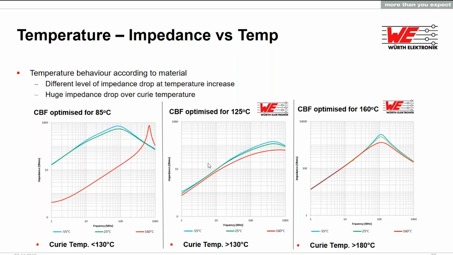At Curie temperatures of greater than 130, so roughly around 180 or so, the saturation is much better. It's closer to its original. And with Curie temperatures much further away at more than 180, which is usually 220 degrees, it's just a drop at your resonance frequency.